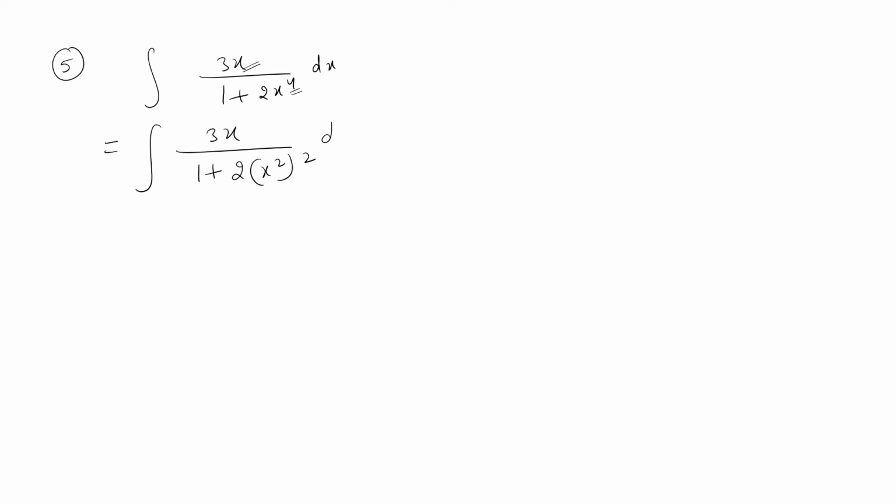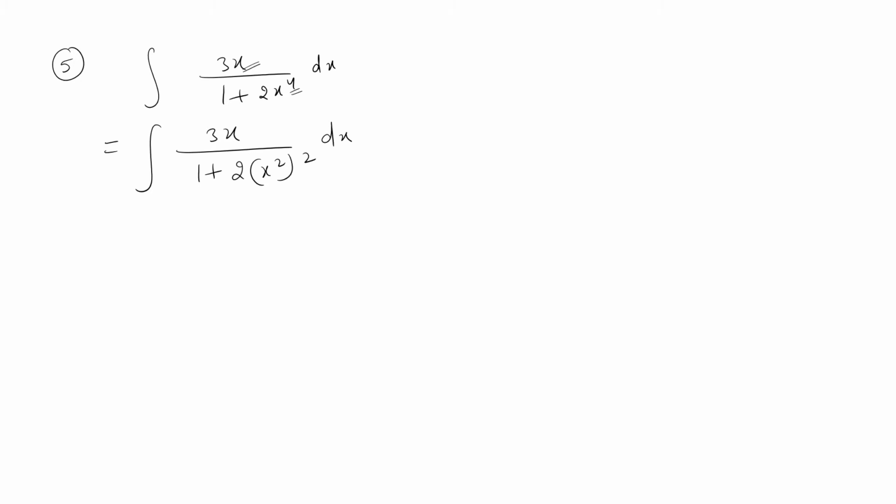Now in question number 5, we have integral 3x upon 1 plus 2x raised to power 4 dx. You can very clearly see that this is x and you have x power 4. The derivative of x raised to power 4 is 4x cube, which is not present here, but definitely if I express it in the form of 1 plus 2x square whole square, right?